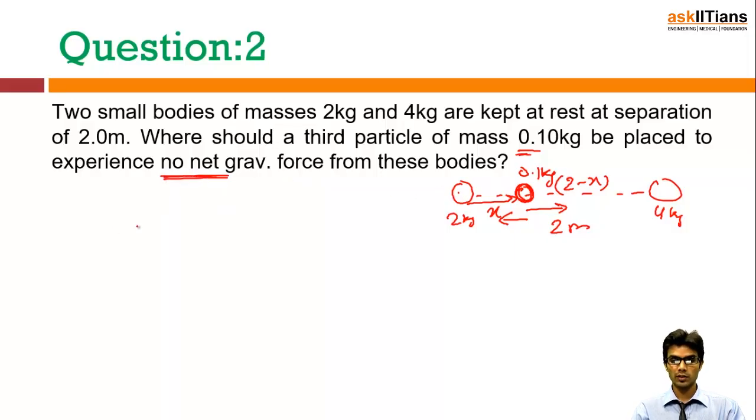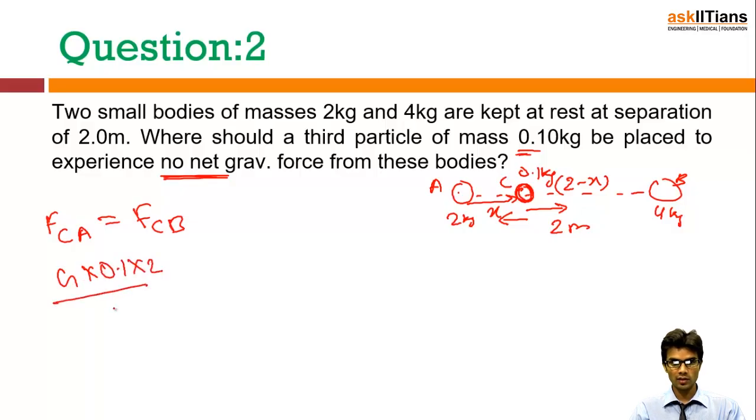Let us consider this is A, this is B, and this is C. So force on C due to A is equal to force on C due to B. So G into 0.1 into 2 by x square is equal to G into 0.1 into 4 by 2 minus x whole square.